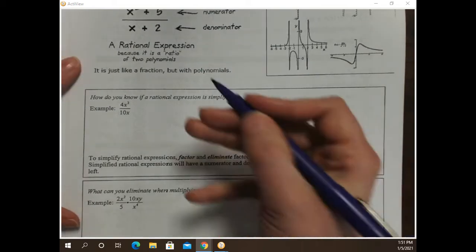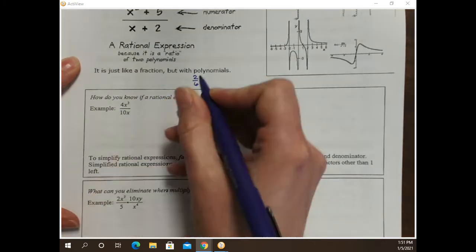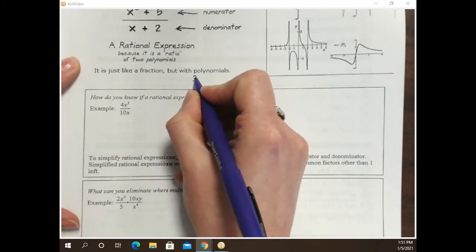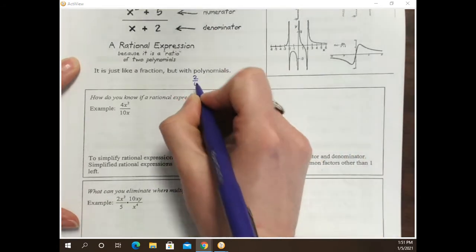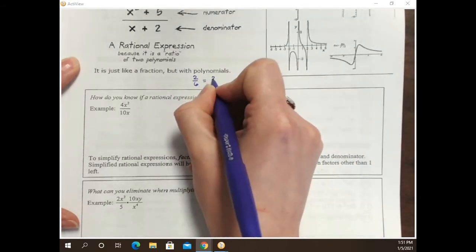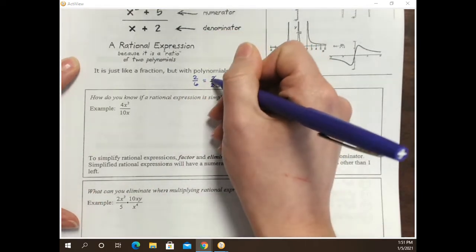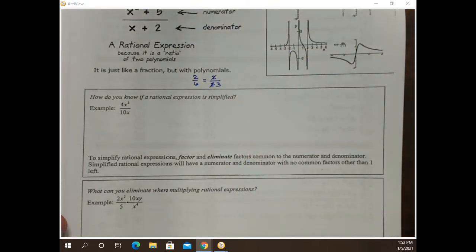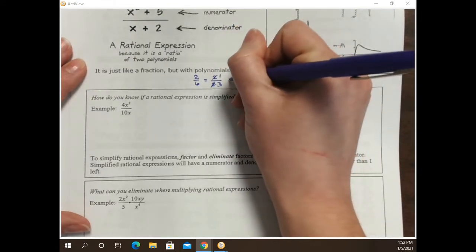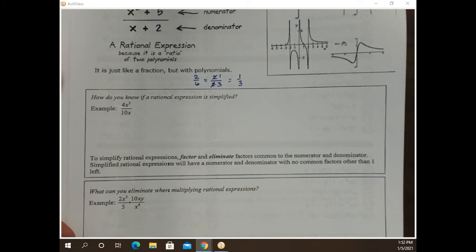For example, if I had 2 over 6, I know that the numerator, 2, and the denominator, 6, are both divisible by 2. I could think of this as 2 over 2 times 3, and I could reduce those common factors. 2 divided by 2 is just 1. So I would have 1 over 3 as my simplified expression.